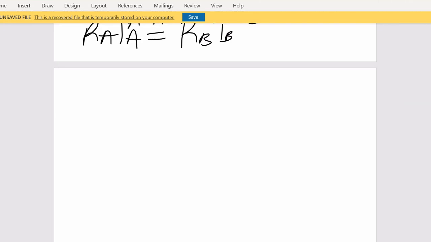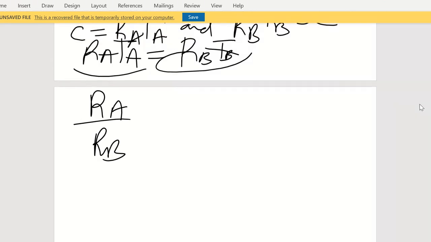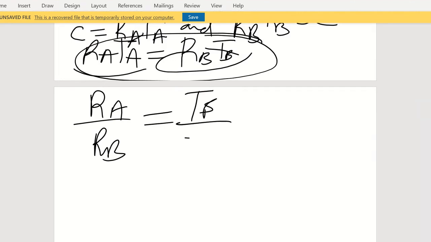It will be Ra over Rb. Remember, you are dividing both sides by Rb at this point, being equal to Tb over Ta.